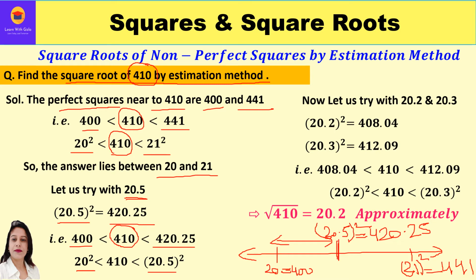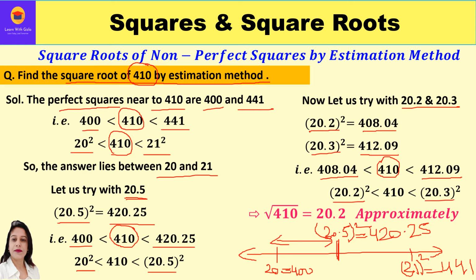So we can just try with 20.2 and 20.3. 20.2 square is 408.04 and 20.3 square is 412.09. So clearly we can say 410 lies between 408.04 and 412.09, which is 20.2 square and 20.3 square.